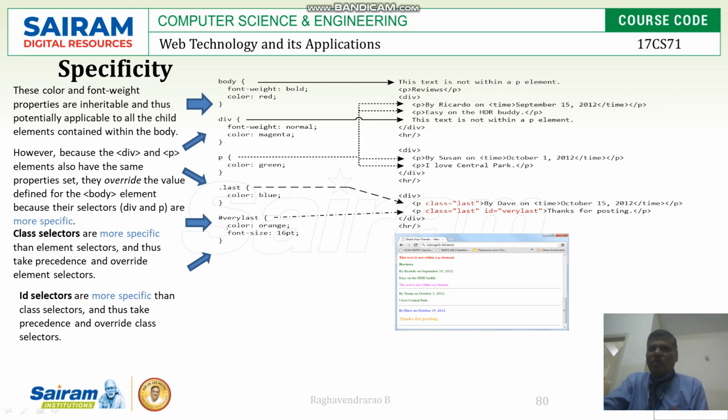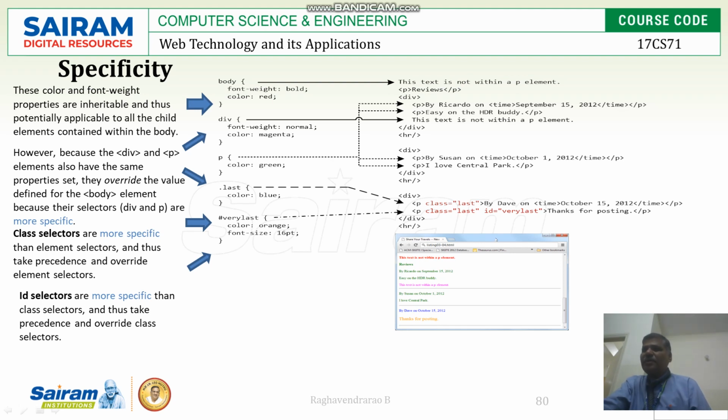Now you see this has been called, that is, the ID has been called here. Last is there as well as the ID. See the difference now. In the ID, as well as the class, but in the ID, color is orange and size is 16 point. Now I am calling the paragraph, the class is also called, the ID is also called.